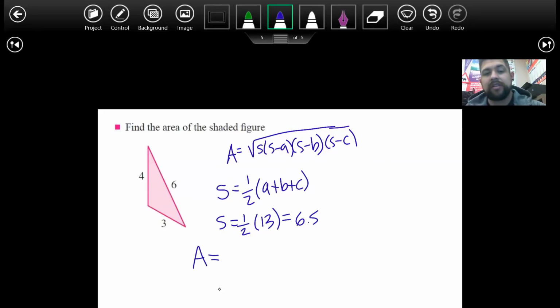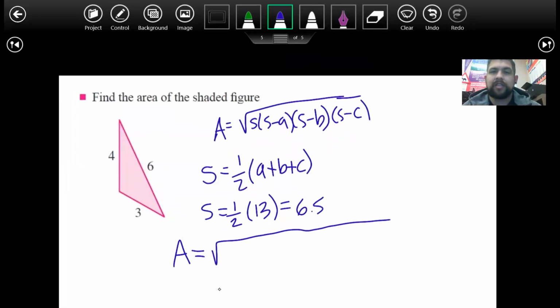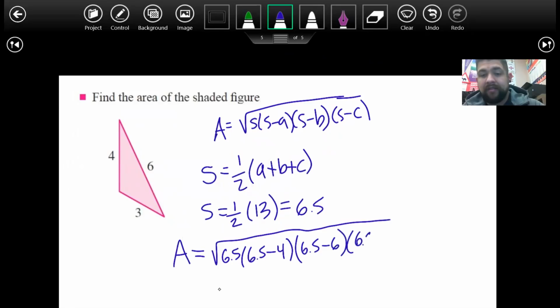And it's really as simple as that. With Heron's formula, I can't ask you really anything more than that. Can't ask you to go backwards for these, so I'm just asking you to apply it directly. So 6.5, and then we take 6.5 minus 4, which is side A. Doesn't matter which side you make them. 6.5 minus B, which is 6. 6.5 minus 3, which is our last part of this.